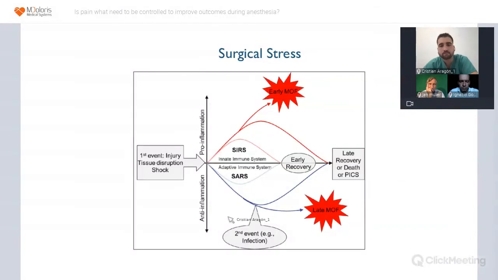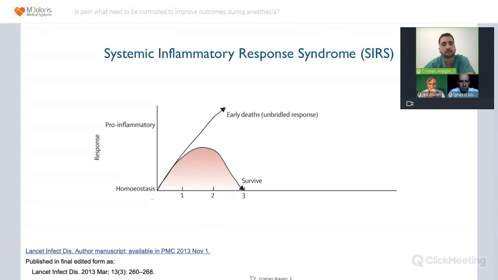On the contrary, this pro-inflammatory response is in turn balanced by a compensatory anti-inflammatory response, called CARS, with the release of anti-inflammatory cytokines such as interleukin-10, which is modulated by the parasympathetic system. If this systemic inflammatory response syndrome is not controlled to homeostasis, it can lead to great organ dysfunction and early multi-organ failure.